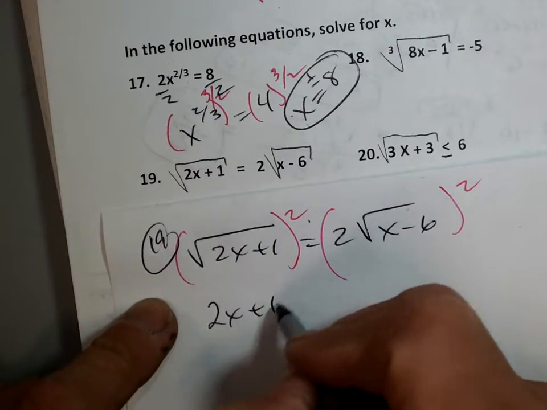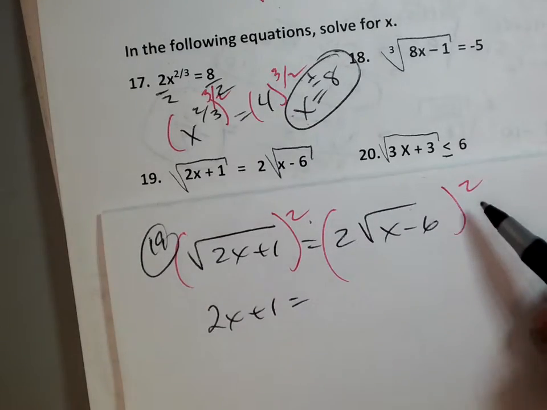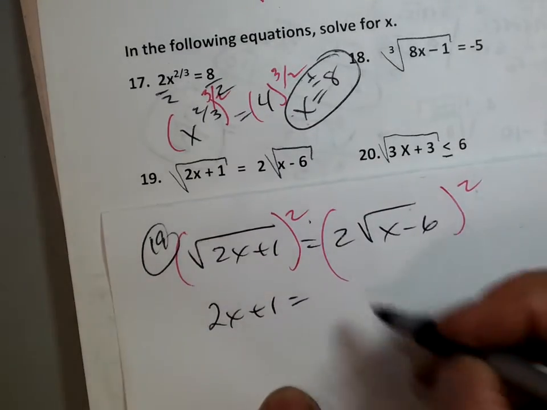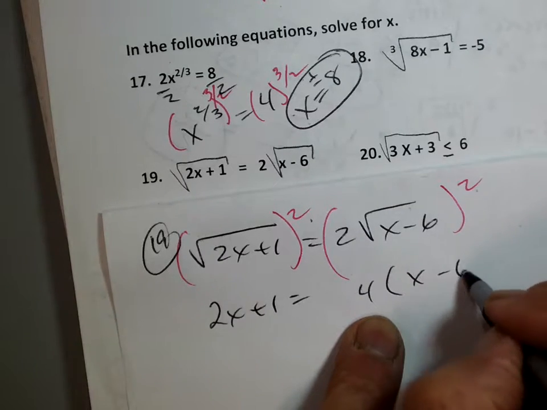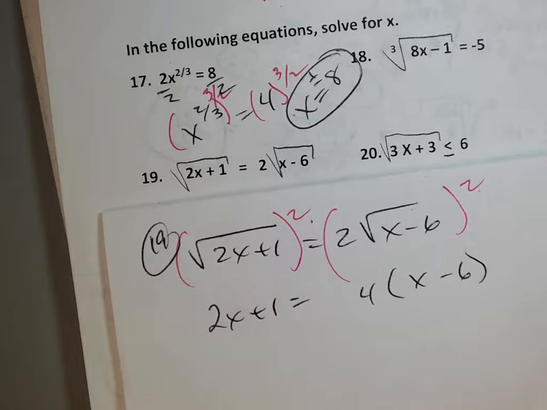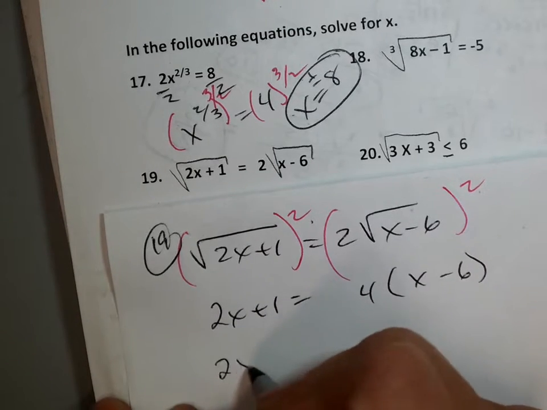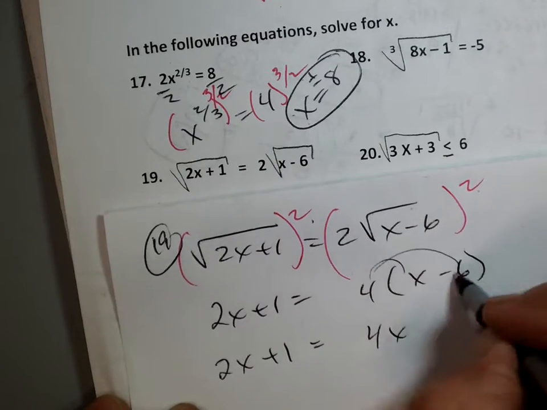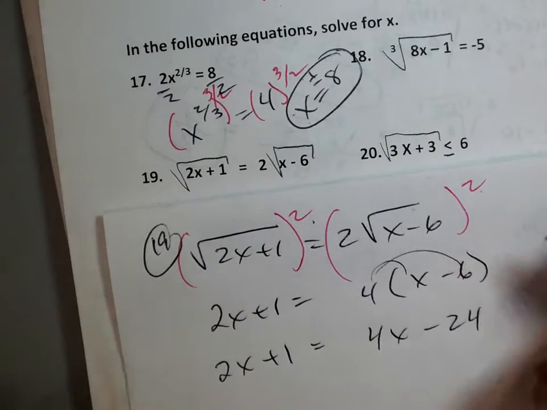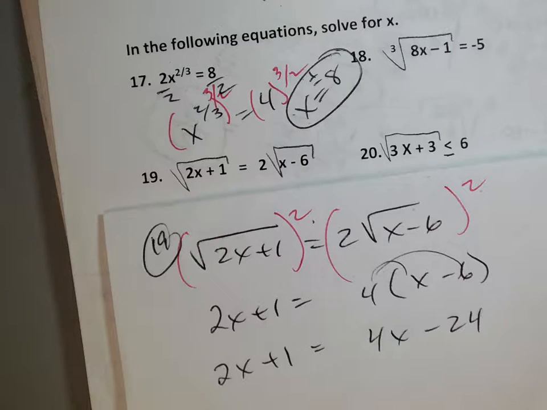2x plus 1 equals. Last time I'm going to say it. The 2, we got to square the 2 and we get a 4. But the square cancels the square root. We get an x minus 6. See how that works? And then it's just a regular old algebra problem, right? So we get 2x plus 1 equals 4x minus 24. And just solve for x, okay?